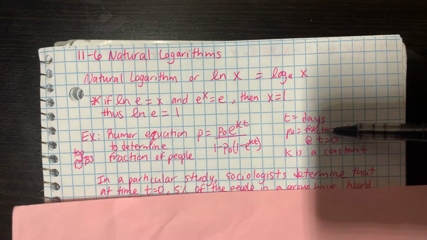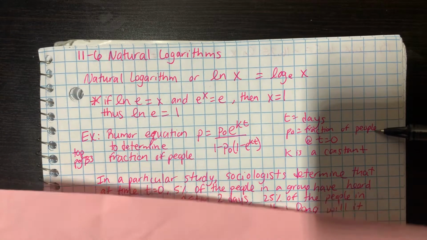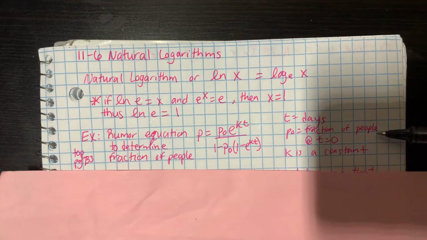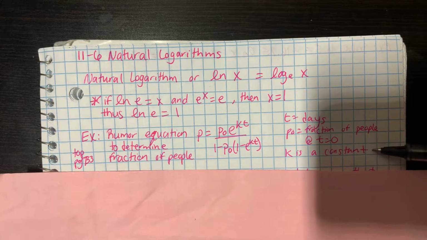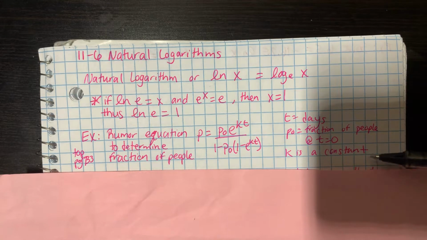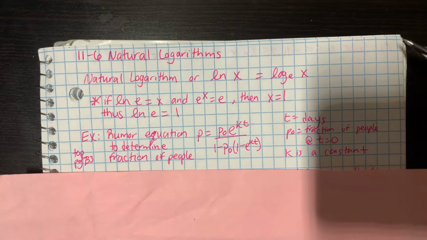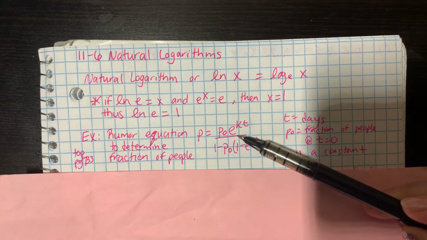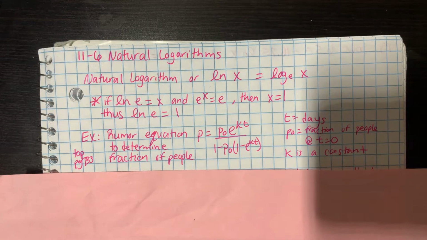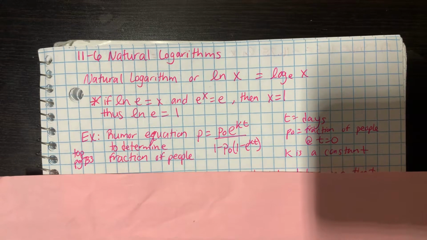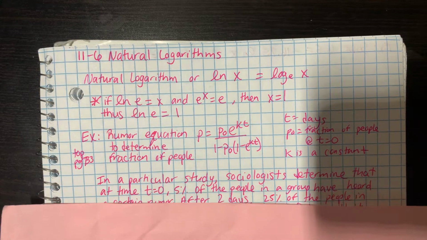P0 is the fraction of people at time 0, so the initial amount of people. K is a constant that will either be given to you or will have information given to you to find the constant. Remember, e is that number between 2 and 3, so it's a number on your calculator. All right, so we'll use this equation in this example.